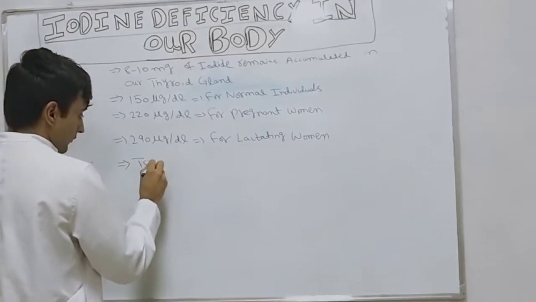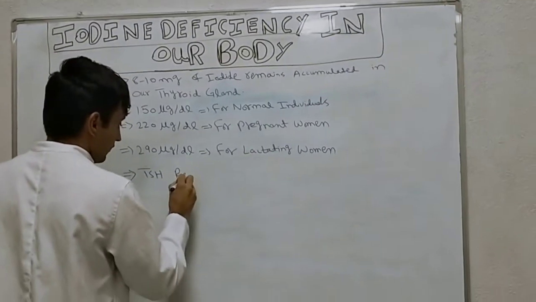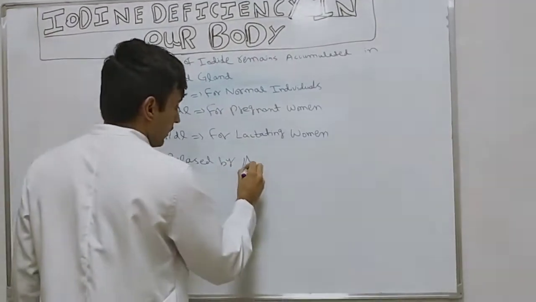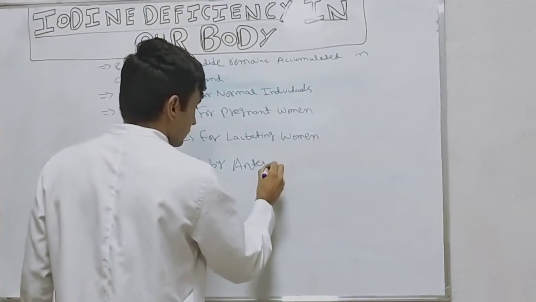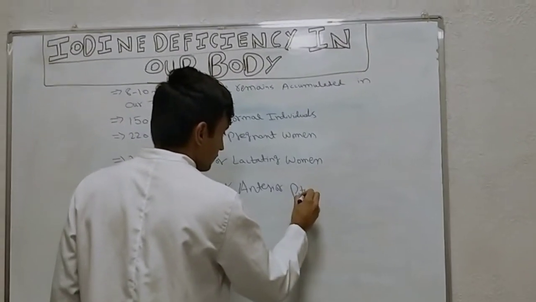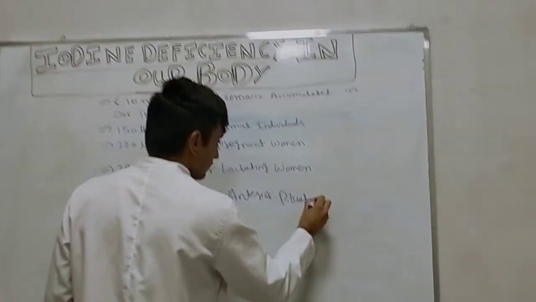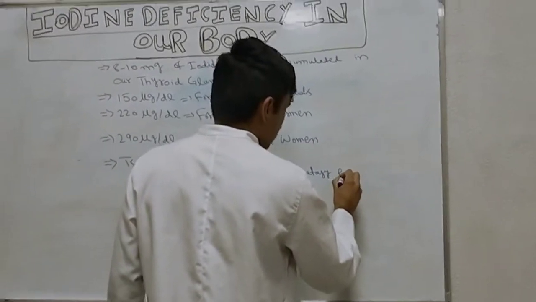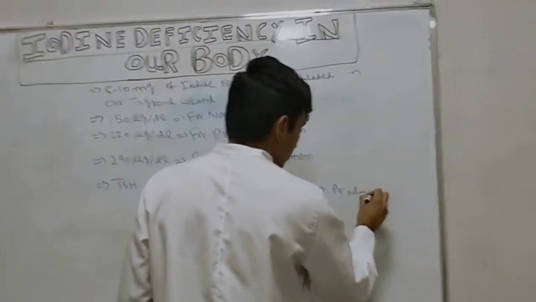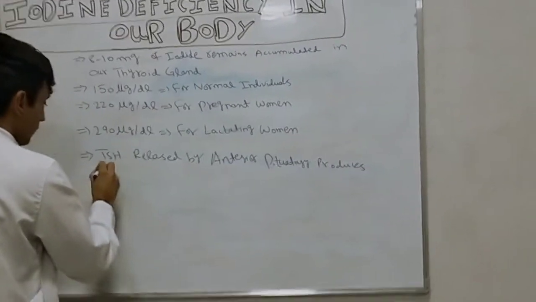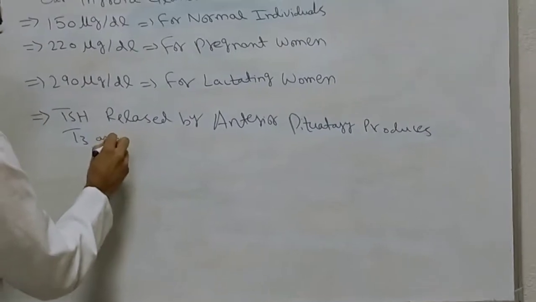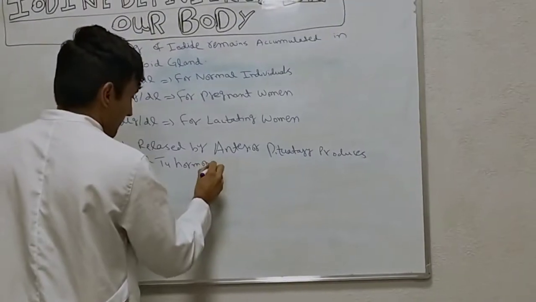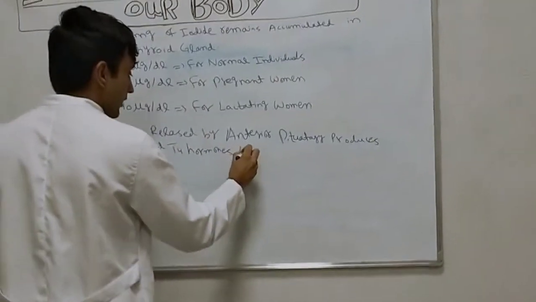TSH released by the anterior pituitary governs the production of T3 and T4 hormone by the thyroid gland.